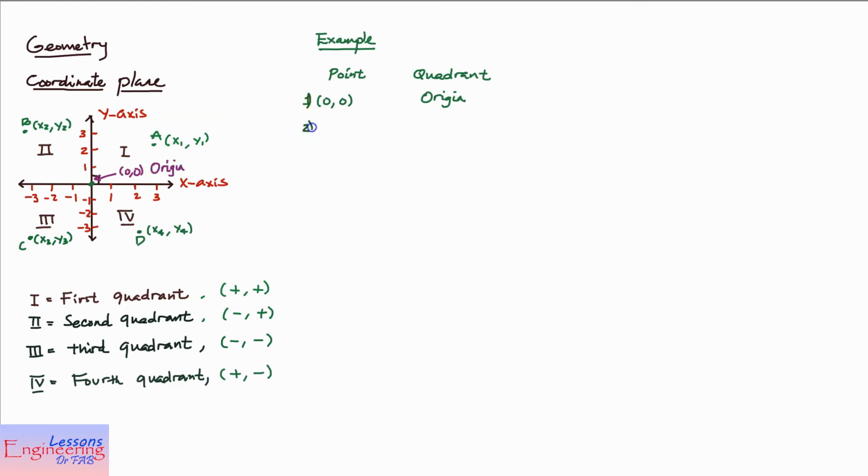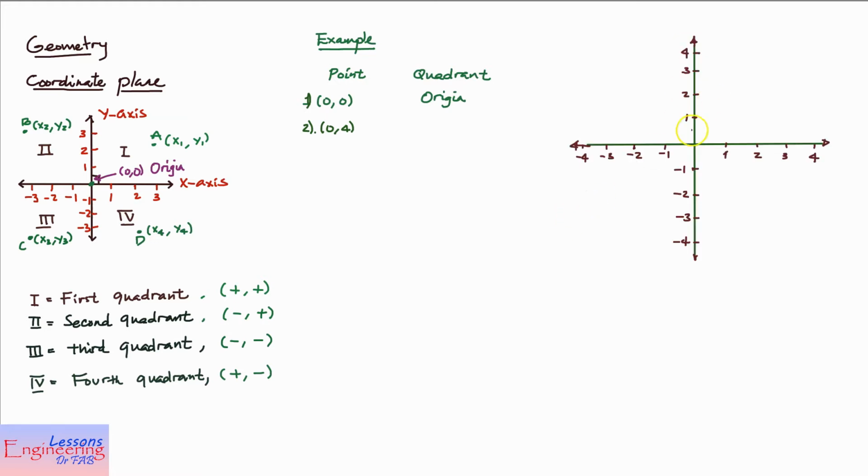Example 2: 0, 4. We can draw another coordinate plane here with x and y. Our x value is 0, so the point is not to the left or right of the y-axis.